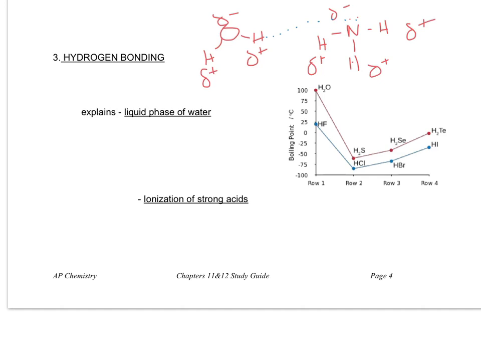Also, water is unique because ice floats. So ice is less dense than water. Let's write those down. Ice less dense than water.